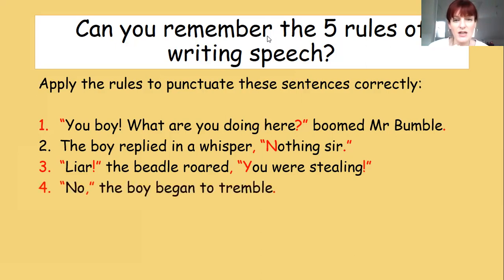Again, the reporting clause is at the end. The boy began to tremble. Actually, it doesn't tell us how he said it, but it tells us what he did. The sentence isn't finished, so it needs to have a comma, not a full stop. Remember, you cannot have 2 full stops in one sentence. It cannot be done.